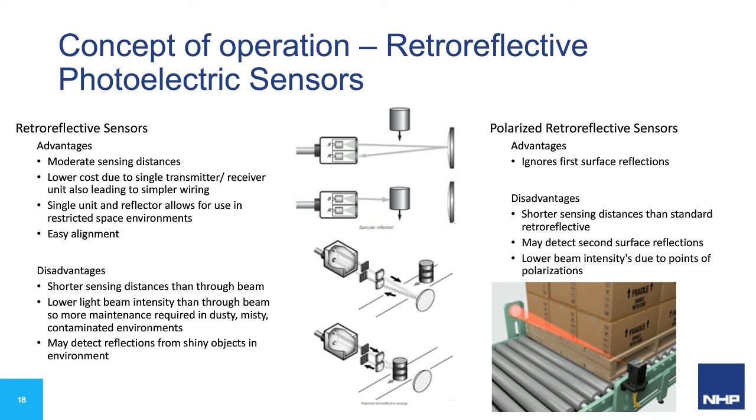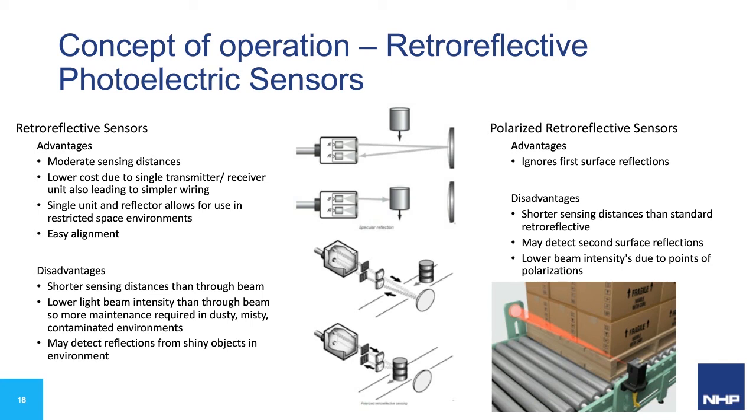Now when a shiny object is then allowed to break the beam, it reflects the light with its orientation perfectly back to the receiver, where it gets blocked by the polarizing filters. So the advantages of polarized retroreflective sensors are the sensor can ignore first surface reflections, and they're used specifically for shiny object detection with less nuisance tripping.